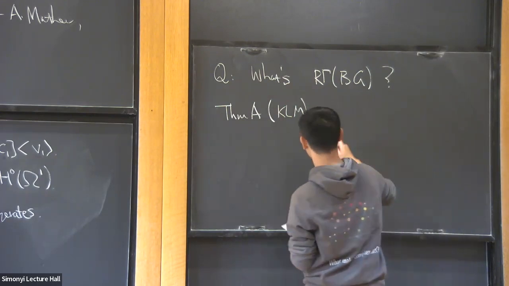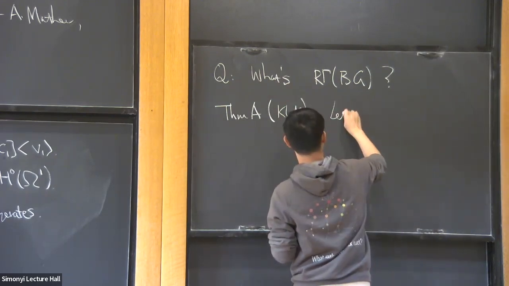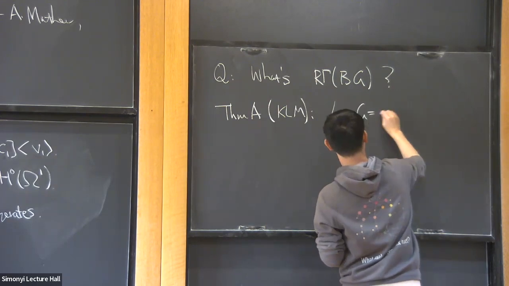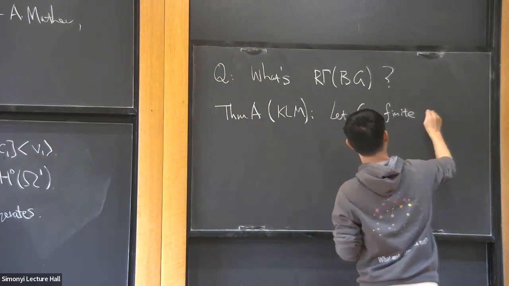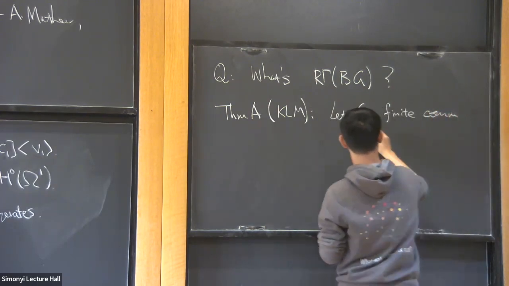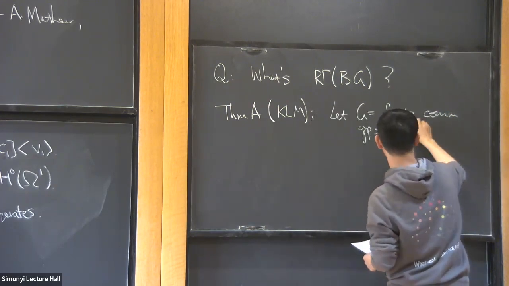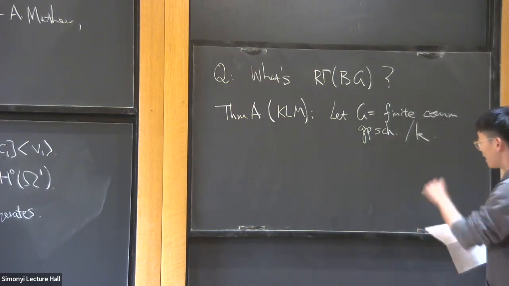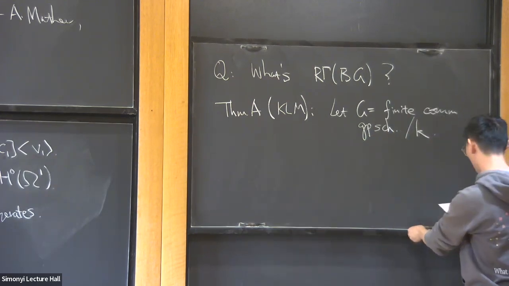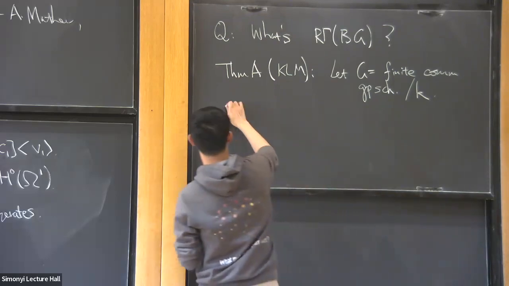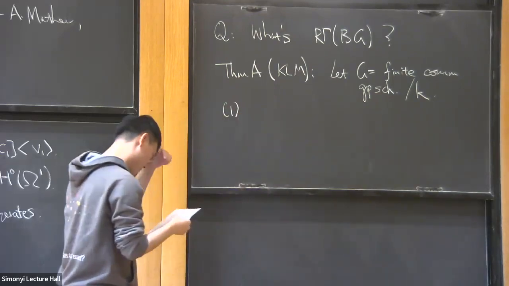Now let G be a finite commutative group scheme of P-power order over a perfect field K of characteristic P. Then we have obtained the following results.